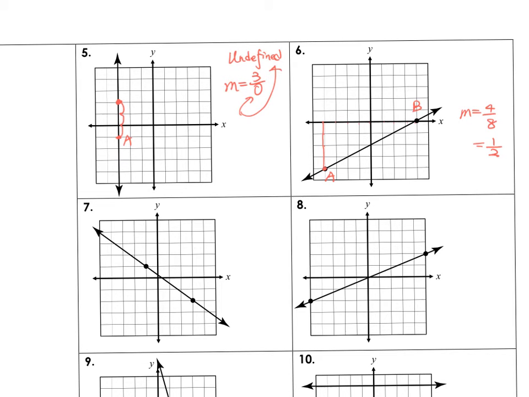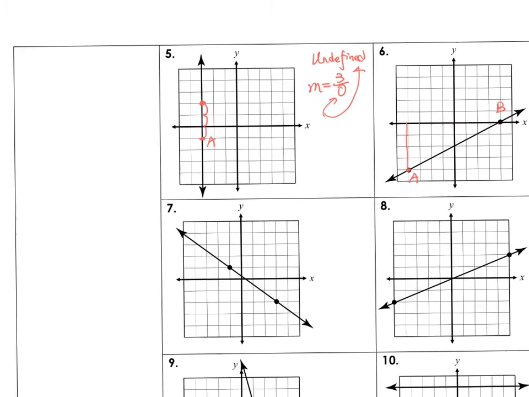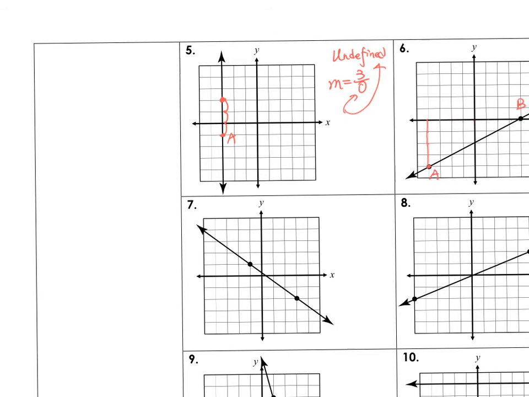So let me do a quick summary. Let's move this over. If you want to pay attention to the steps here when you calculate slope, step 1. So we're talking about how to calculate slope here. Step 1 is to find the lower point to rise.